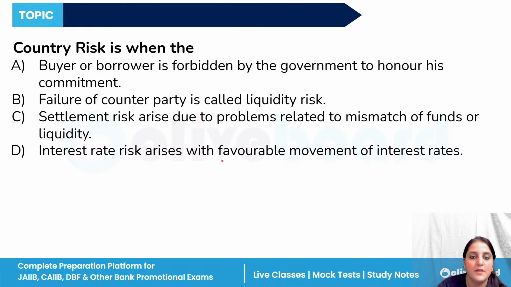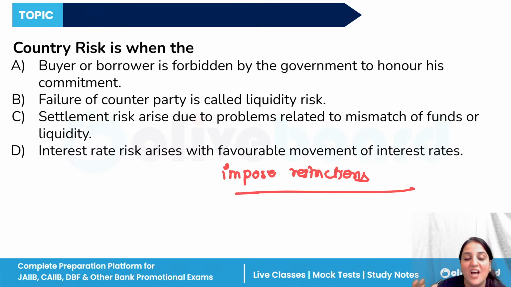Country risk. Country risk refers to the potential for the government to impose restrictions or actions that affect a buyer or borrower's ability to meet their financial commitments. This can include actions like currency inconvertibility or legal restrictions.